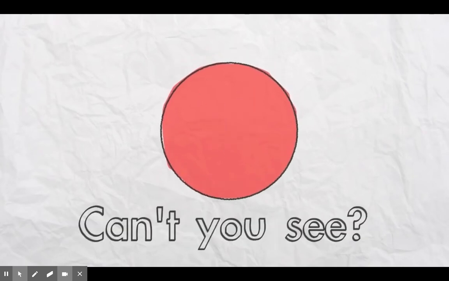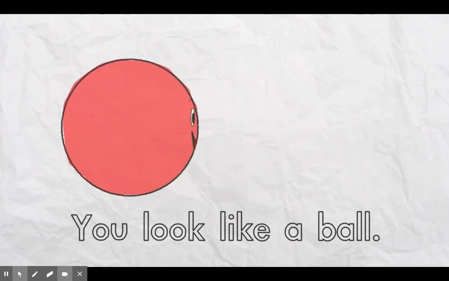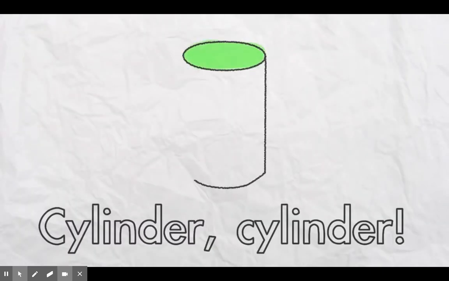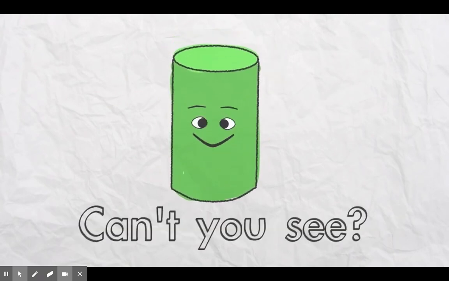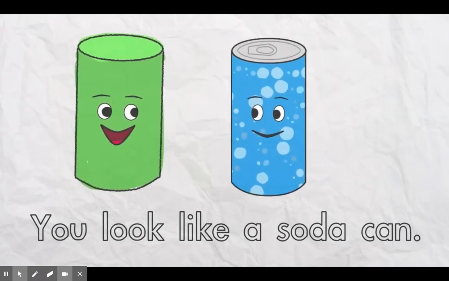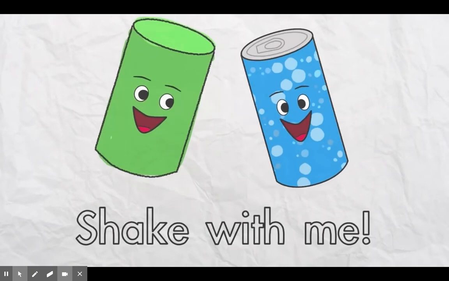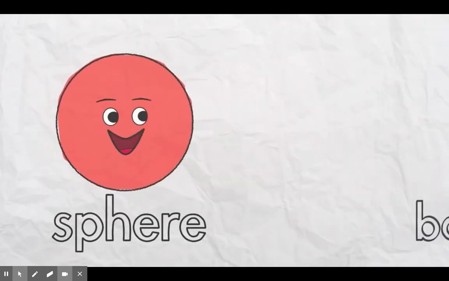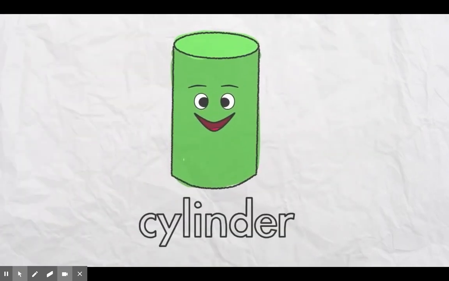Can't you see? You look like a ball. Bounce with me. Cylinder. Can't you see? You look like a soda can. Shake with me. Sphere. Ball. Cylinder.